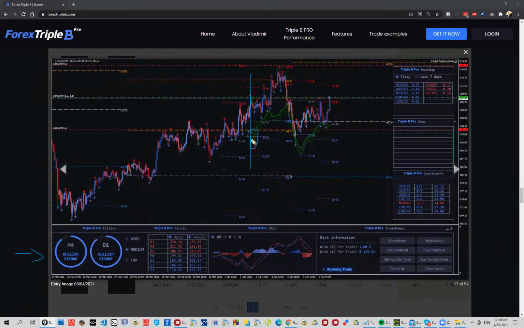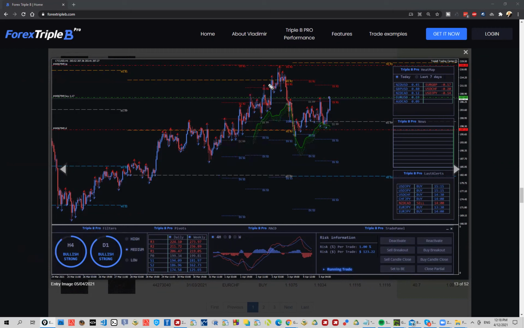This channel or cloud or whatever you want to call it starts from right here, and up until this point we see nothing, right? Which means those filters were not in sync. There was no established trend, and once that happened on the higher time frames, this is the 1 hour chart, we started looking at this cloud right here.